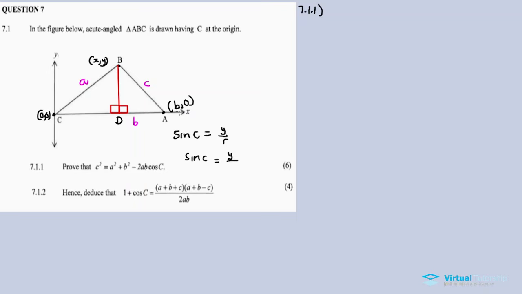So we use cosine and sine in order to find the coordinates of B. Since I have a hypotenuse, if I had an adjacent side I would use the tangent ratio. So r is a, which means y over a is equal to sine of angle C. Divide by 1, then cross multiply: y is equal to a sine C.